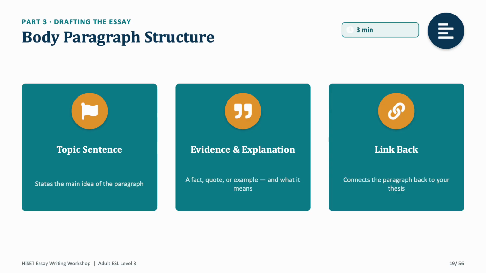But it's not enough to have your evidence. You have to explain what that evidence means. And finally, we link back to the thesis. The paragraph needs to connect to the main argument of the essay. So you need to remember topic sentence, then evidence and explanation, then link back to the thesis, the main argument of the essay.